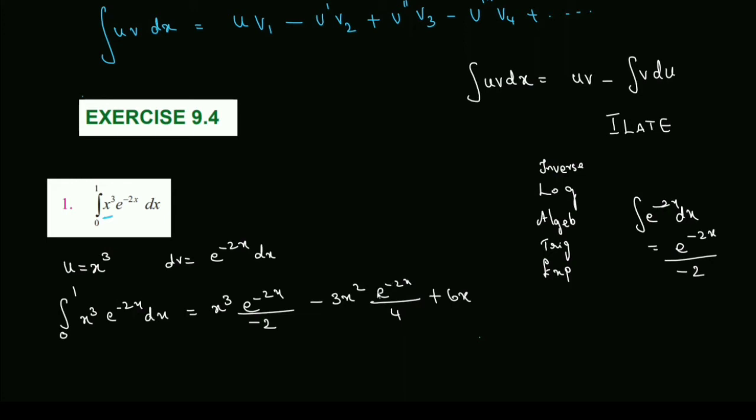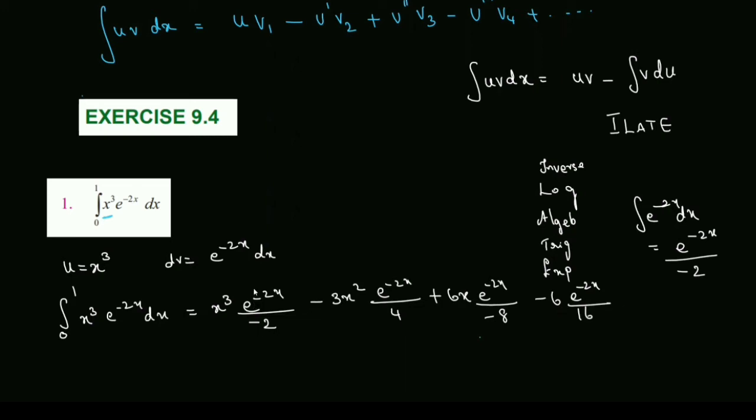Then integrate: e power minus 2x by minus 2, with 4 already there, it becomes minus 8. Now minus, differentiate this, 6. Integrate: e power minus 2x by minus 2, it becomes 16. After that, when you differentiate, this will become 0, since the differentiation of a constant is 0. So you can just stop here.